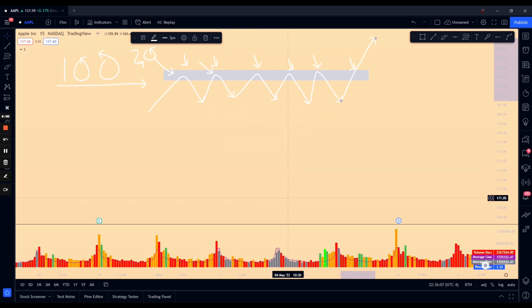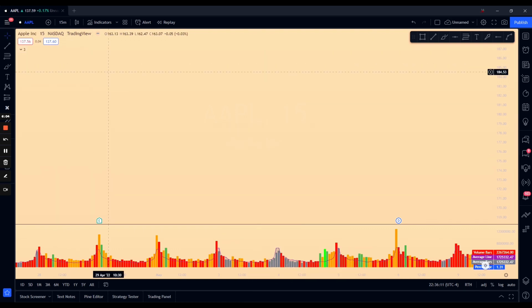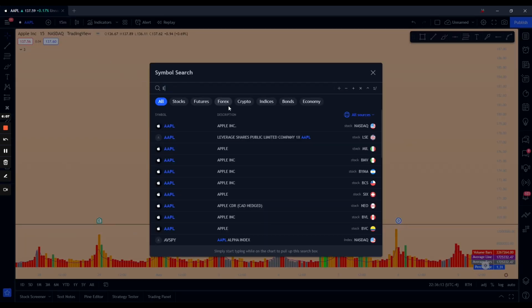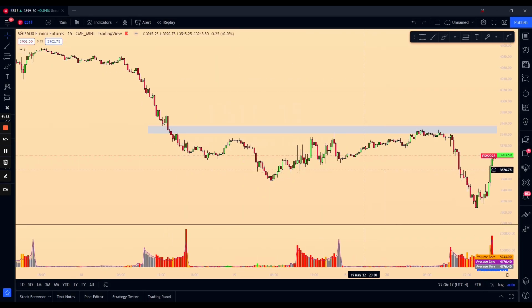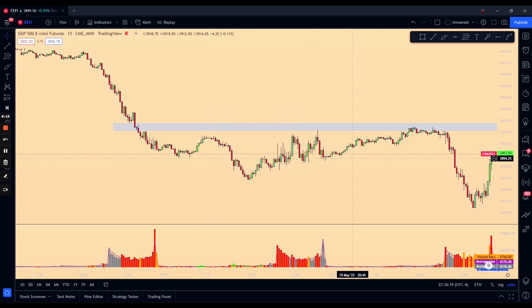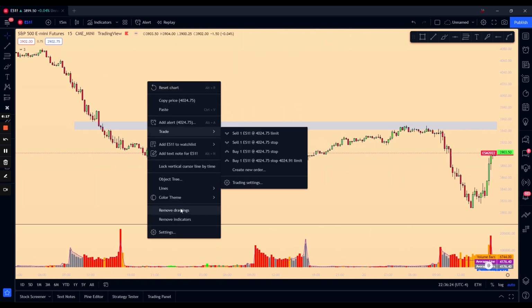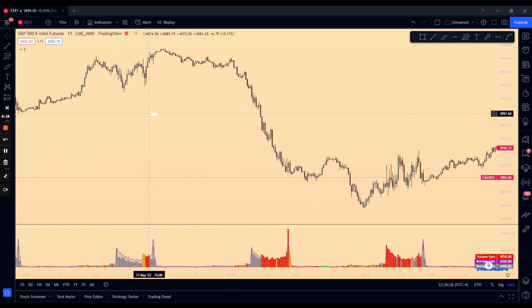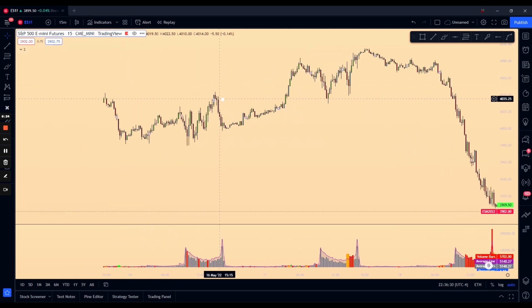Okay? So, I'm going to remove the drawings here, and we'll go on to something like ES. And as you guys can see here, we have some stuff plotted out. We'll find a little demand zone or supply zone, whatever.